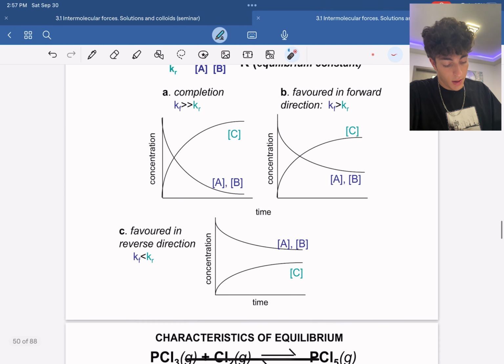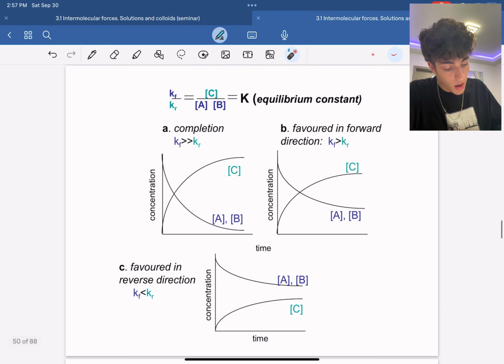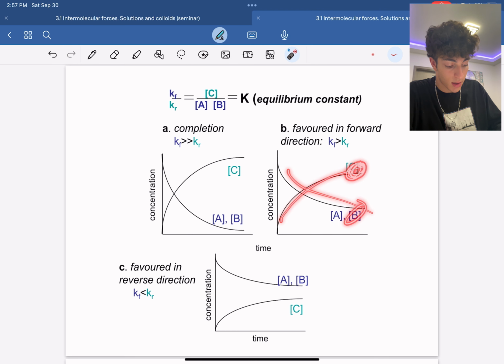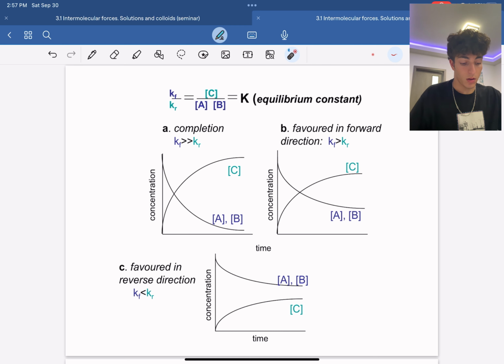This is because the concentration of the products here is higher, okay? So that means that we will reach more products usually than we do with reactants. And here's the opposite. We will have more reactants compared to products.